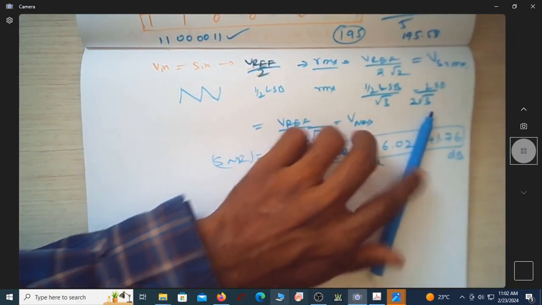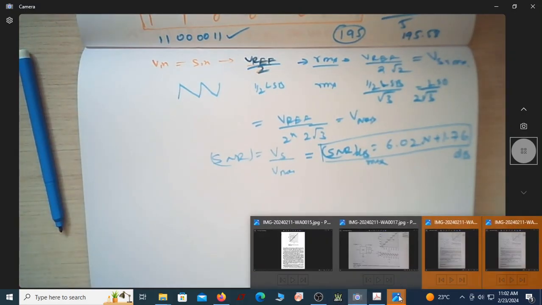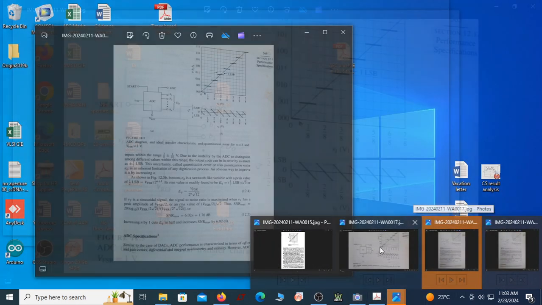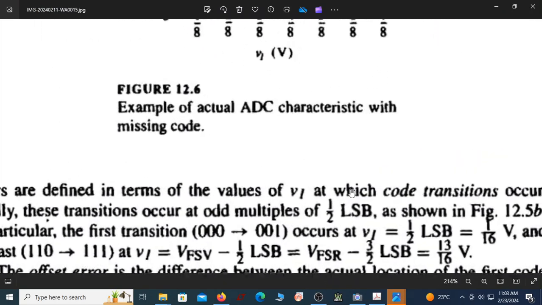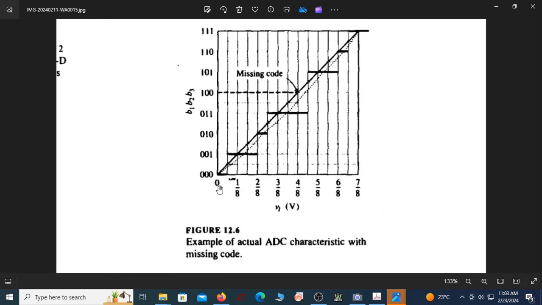But in most cases, we may not get all combinations of the output when we are doing the analysis. So just have a look at this. Let me zoom this to a great extent. If you carefully notice, for 0, 0, 0 you have this, 0, 0, 1 is represented, 0, 1, 0 is represented for this input range, 0, 1, 1 is represented for the entire range of input voltage from here to here.